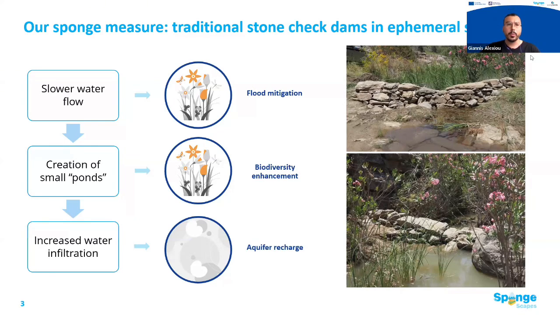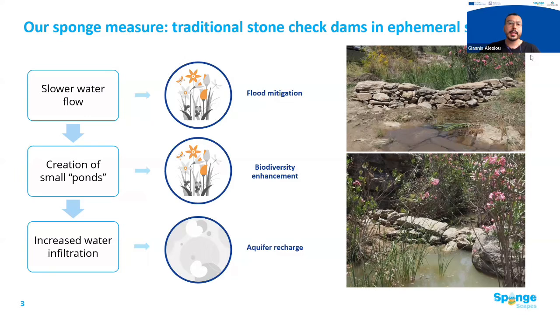The main thing they do is that they slow the flow of water. And this is very important because they act as a block for floods. Then, by slowing the flow of water, they manage to create and store water behind them in small temporary ponds. And these ponds are very important in the dry and arid Mediterranean summers that are characteristic of the Greek islands.